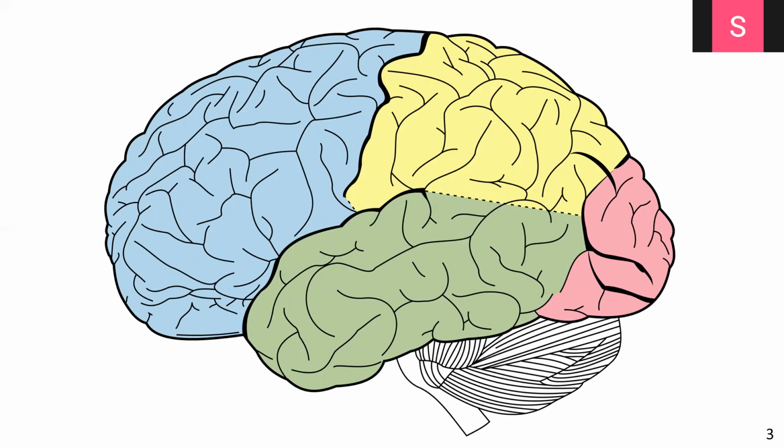For example, it tells your muscles how to move so you can walk, talk, and do things you want your body to do. Your brain also controls a lot of what you do without you thinking about it. For example, your brain automatically adjusts your breathing, heart rate, and blood pressure.